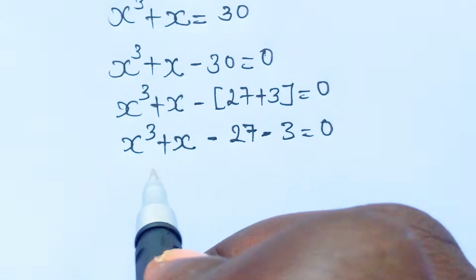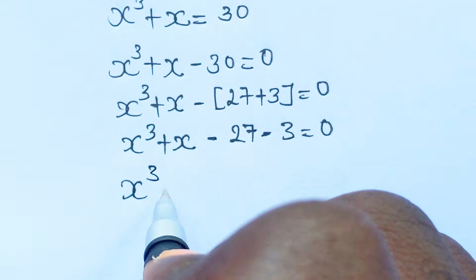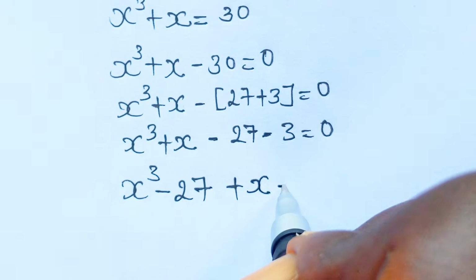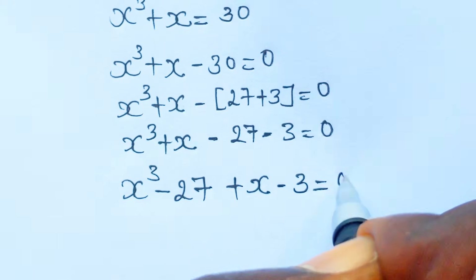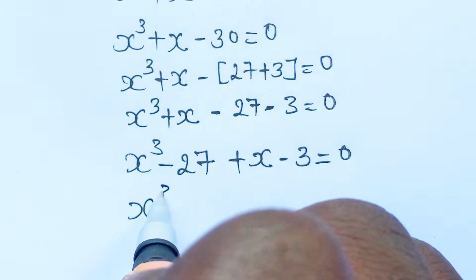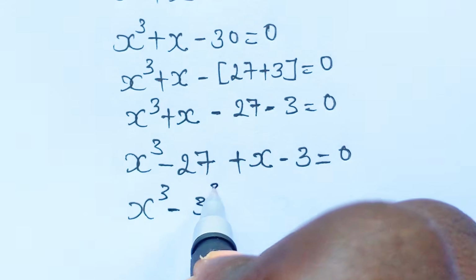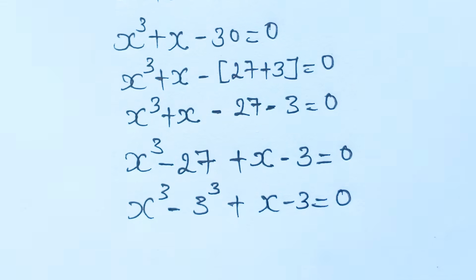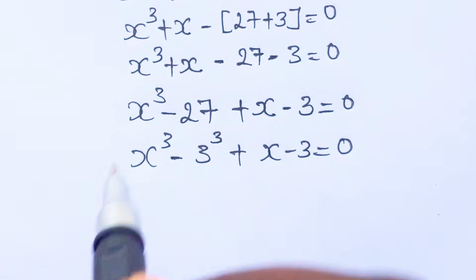By grouping right terms, x power 3 minus 27 plus x minus 3 is equal to 0, and we know x power 3 minus 3 cubed plus x minus 3 is equal to 0.